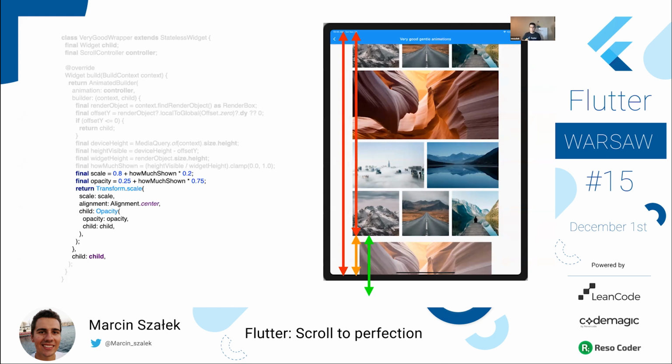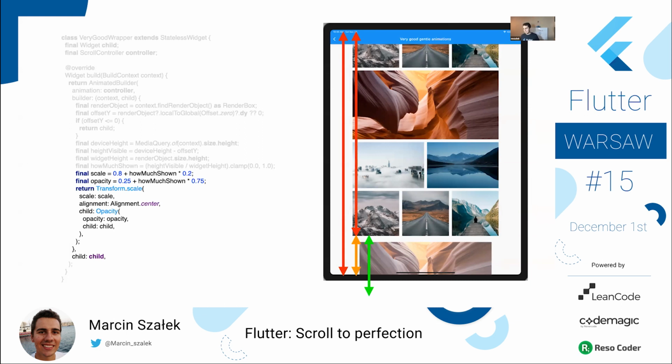And we'll use it in the widgets Transform.scale and Opacity. What you can see here is that the child widget is being reused. It's not rebuilt every time. We only apply the transform and the opacity on the scroll, but the child remains untouched.